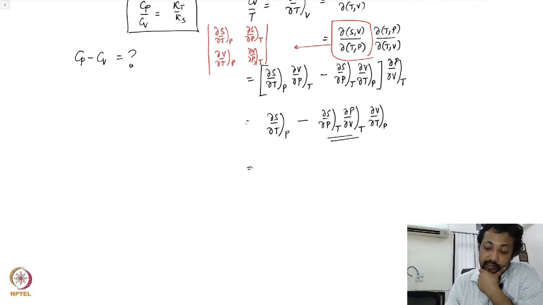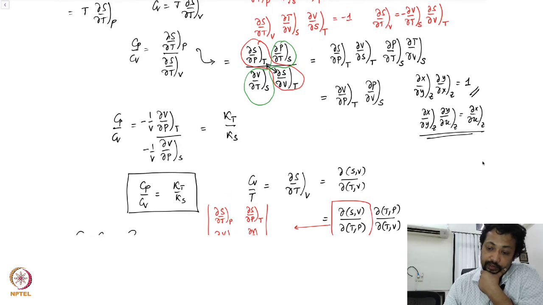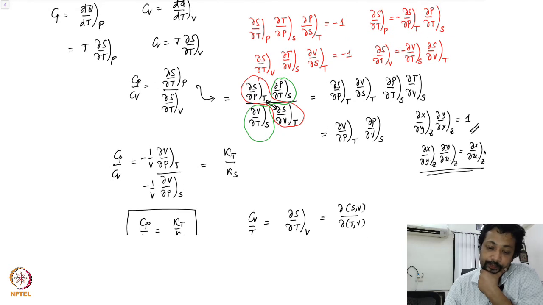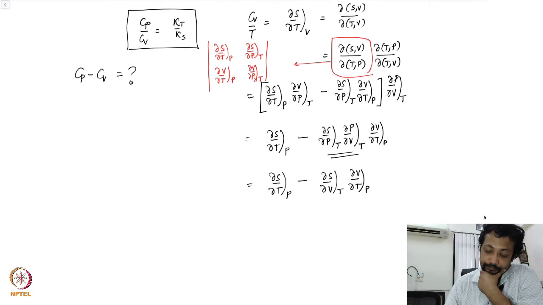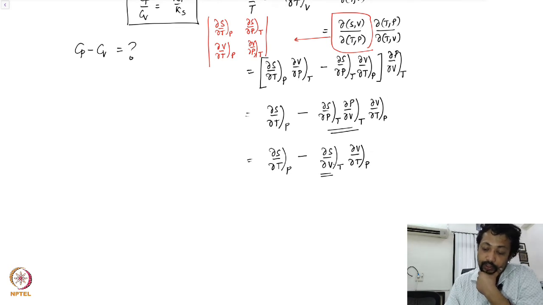This is del S del V temperature constant, del V del T pressure constant. So let's see, do I have anywhere del S del V which I can use? All I have to figure out is what is this derivative, right?